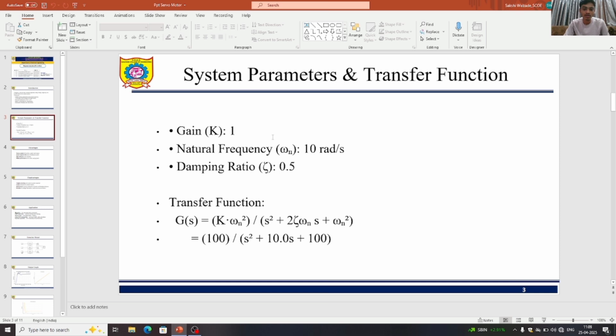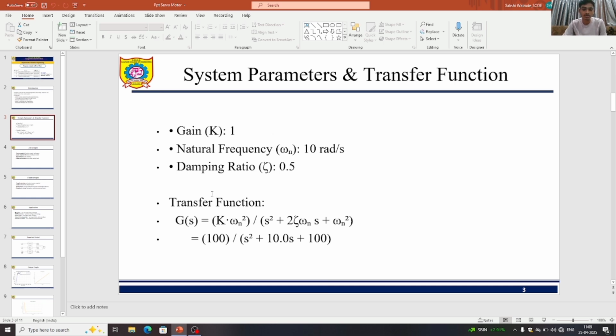So we are taking one example, that the gain is one, natural frequency, which is denoted by omega n, is equal to 10 radian per second. Then damping ratio, which is zeta, is equal to 0.5.